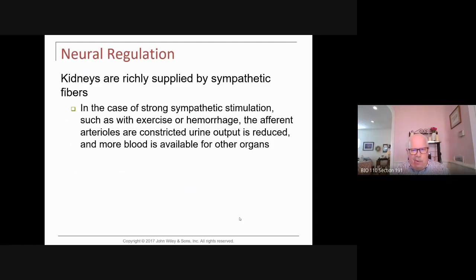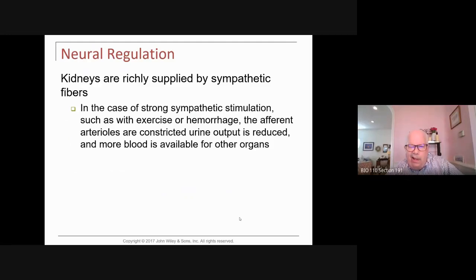Urine output will drop. And more blood is available to the organs that need the blood. So when you're running, you don't need to urinate. Your kidneys are not filtering that much urine because your muscles, your heart, your lungs, and your brain need more blood.